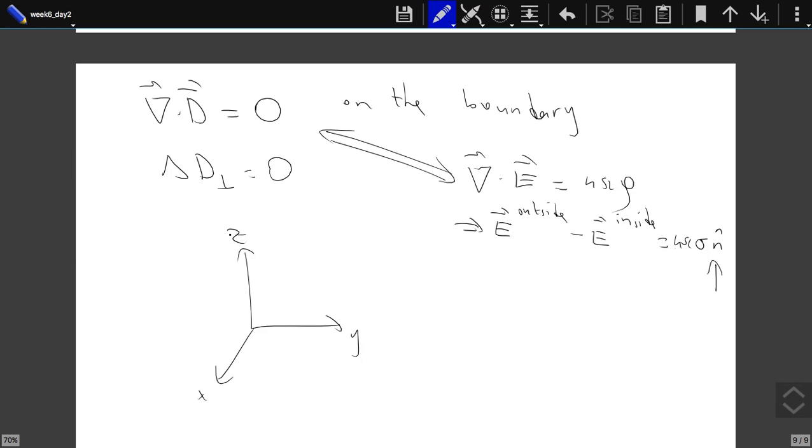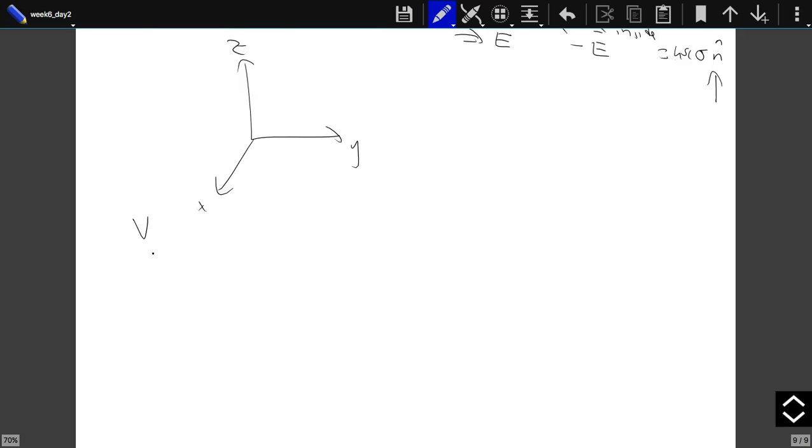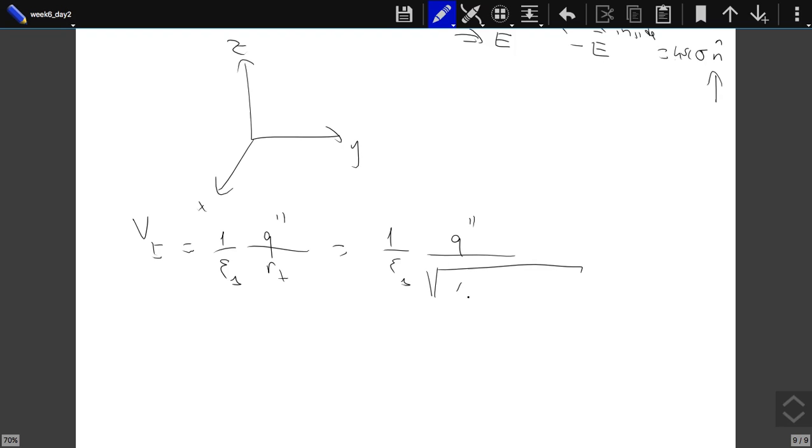X, Y, and Z. V1, we said, was equal to 1 over epsilon 1 Q double prime over R plus, which is the square root of x squared plus z squared plus (y minus d) squared, everything under the square root.